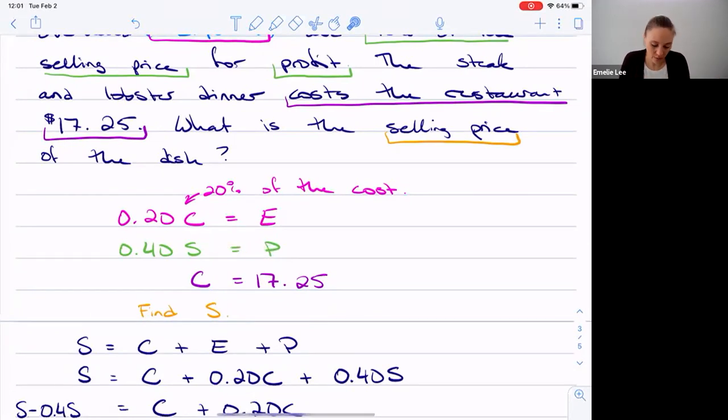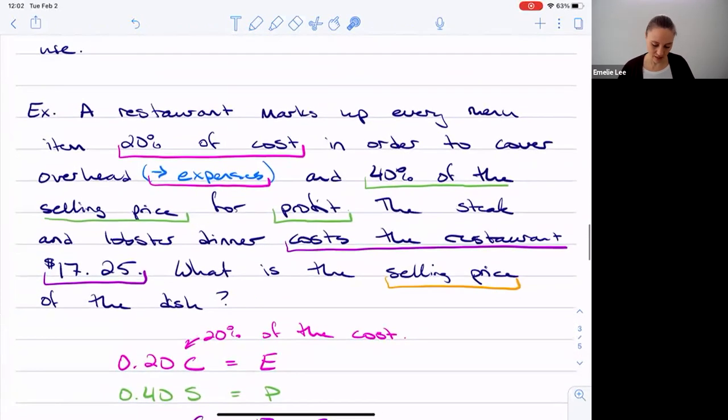We just found S, so S times 0.4 is $13.80. So then our profit is $13.80. It's pretty good. Nice.